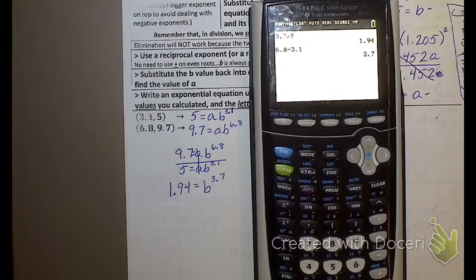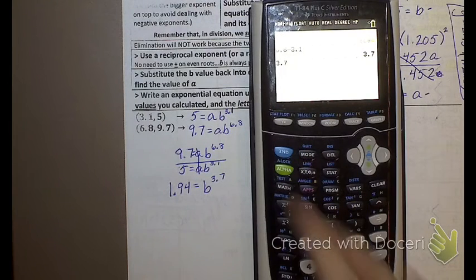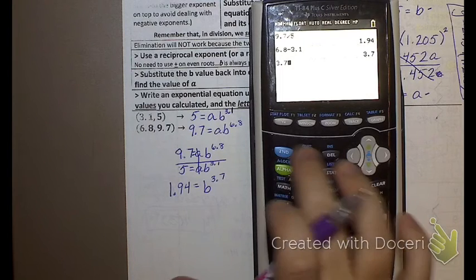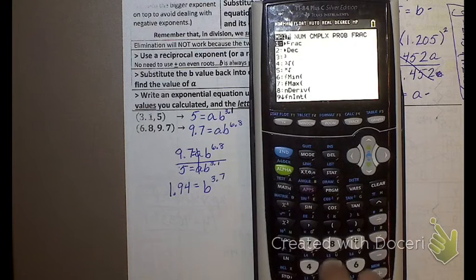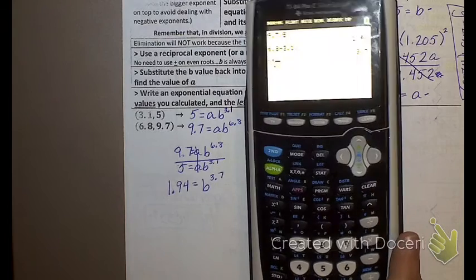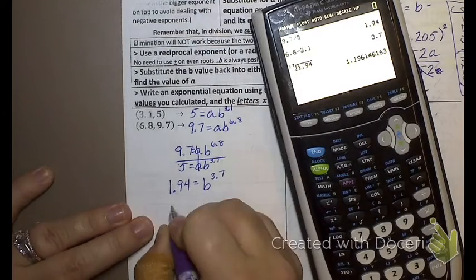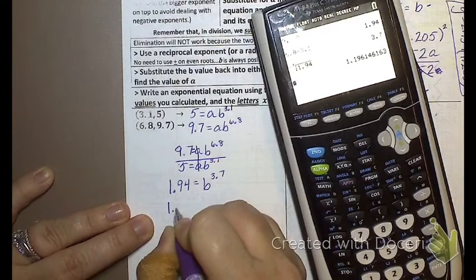Now, can I take the 3.7th root of both sides? I don't know. Let's see. 3.7. That's not what I was looking for. It will let me take that. Will your calculator let you take that? It will? Fantastic. And I get 1.1961.